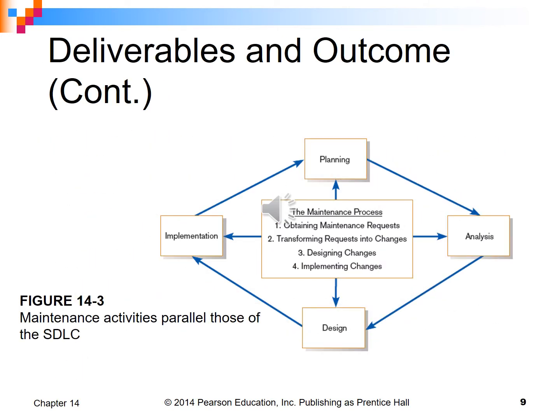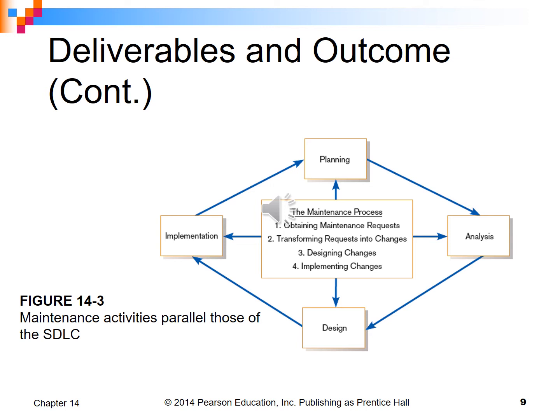If we look at the maintenance process, the four bullets there: obtaining the maintenance request, which we take into planning to decide what is involved, how long it takes, how many programs and databases are involved, etc., and find out the cost. Then transforming the request to changes is in the analysis, where we find the program changes, the database changes, and so on.